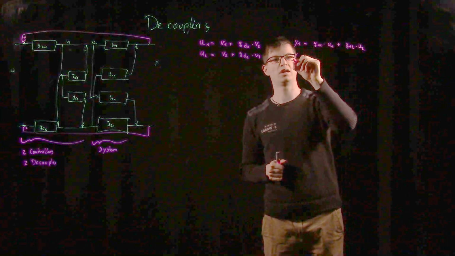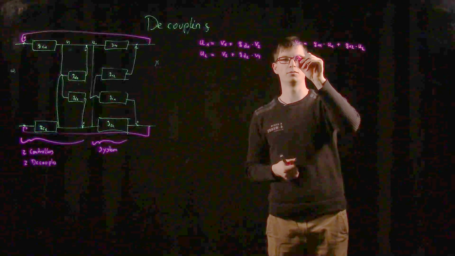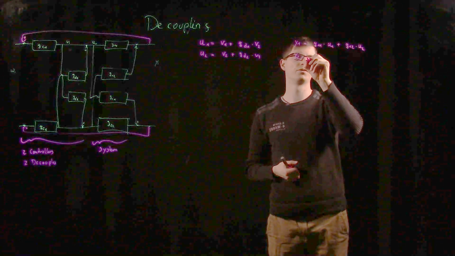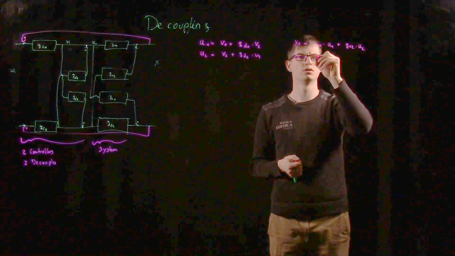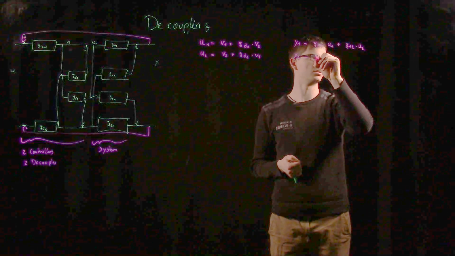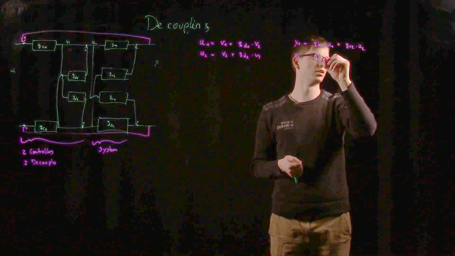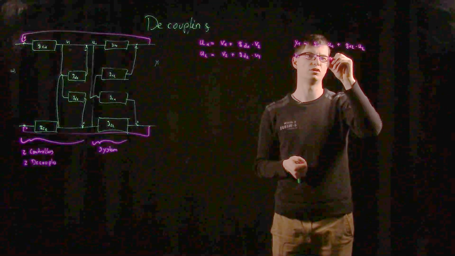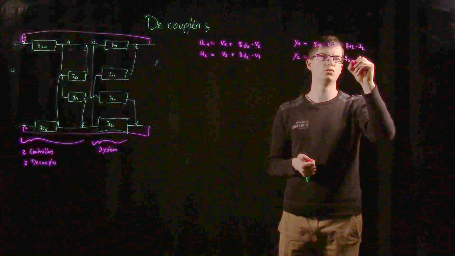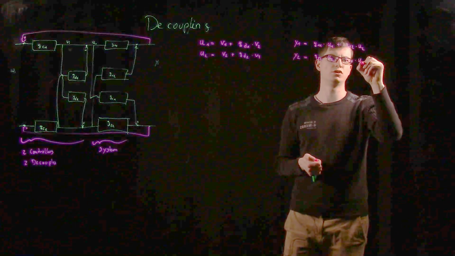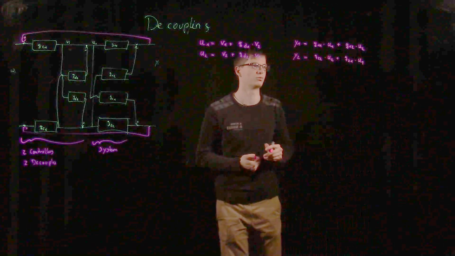And the same applies for Y2: it's G22 times U2 plus G21 times U1. That is what we know.